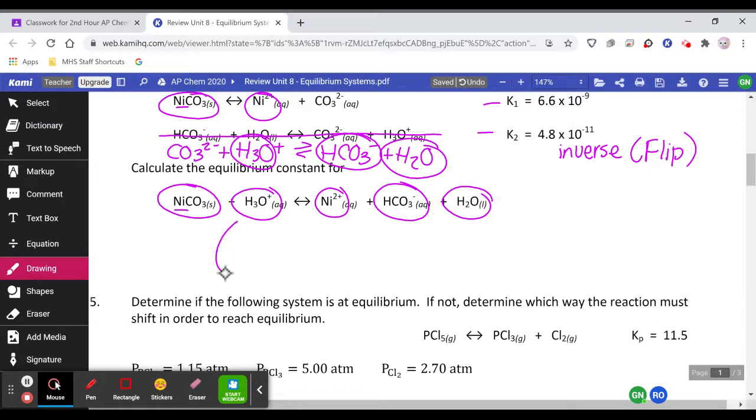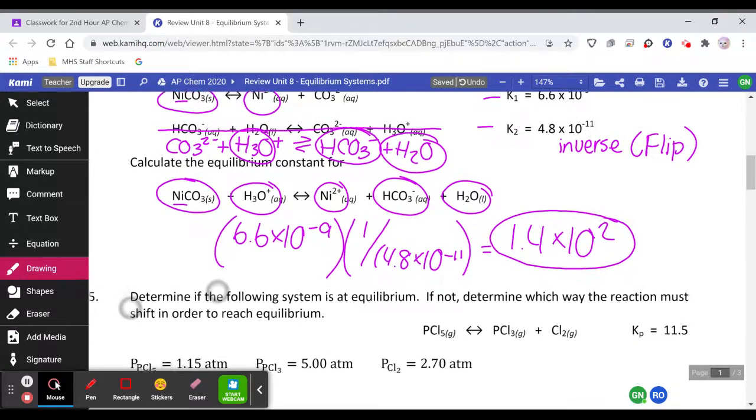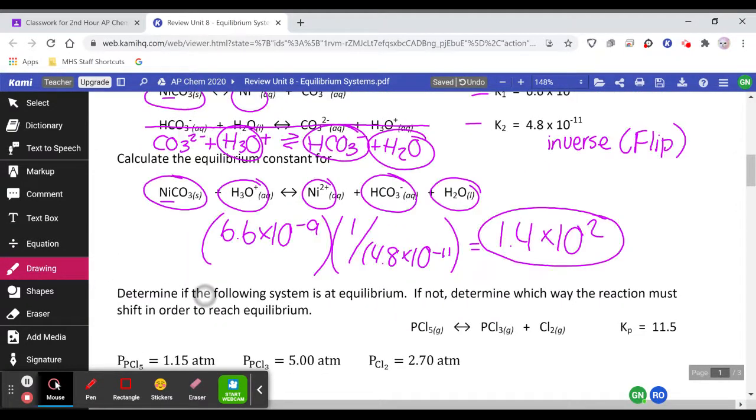And so we end up with our first 6.6 times 10 to the negative 9 times 1 over 4.8 times 10 to the negative 11th. And so I get an overall of 1.4 times 10 to the 7th. Any questions on that one?